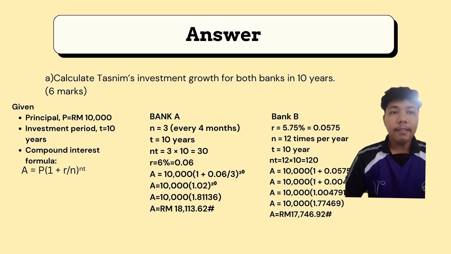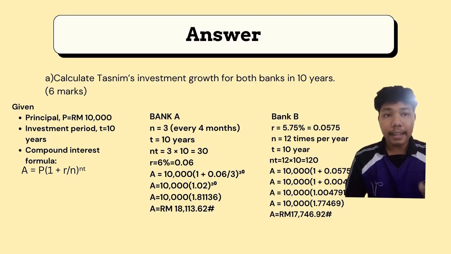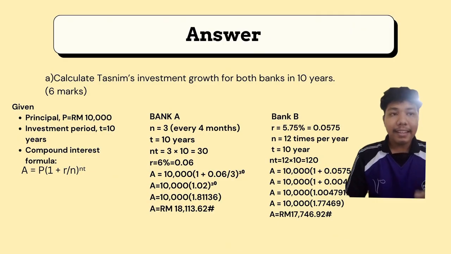After substituting the values into the formula and simplifying the calculation, the final investment value for Bank A after 10 years is RM18113.62.